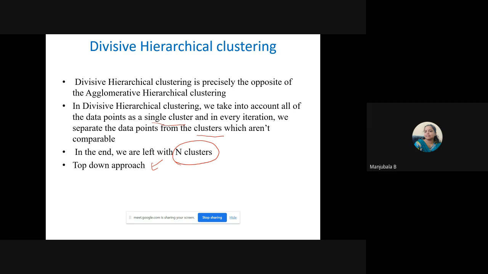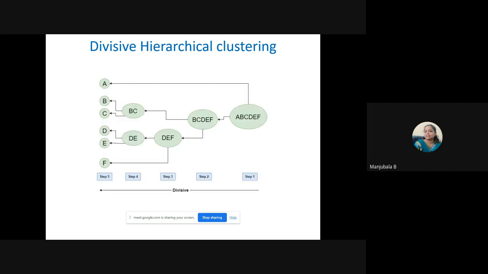Similarly, here also we can use the distance matrix to divide the data points into a number of clusters. Just the opposite, as I told you. Initially, all the data points will be in a single cluster. Then in every iteration you divide these points into two clusters. Now see A, B, C, D, E, F, again using the distance matrix.